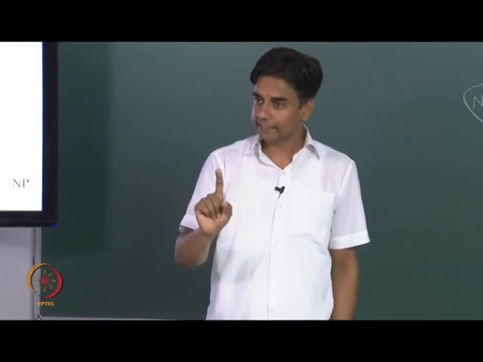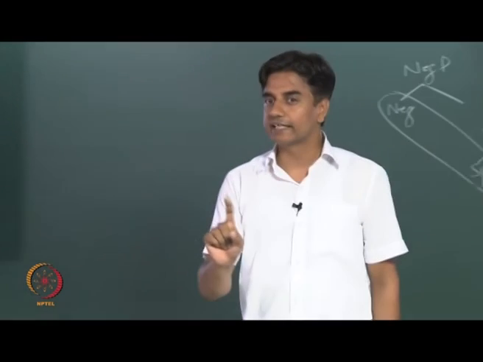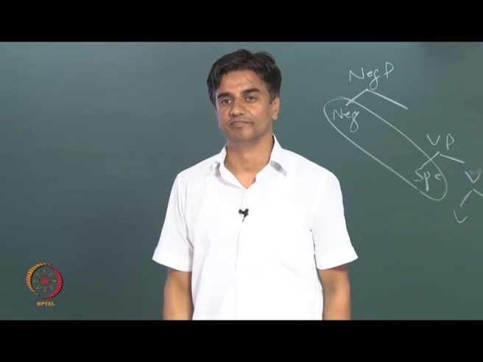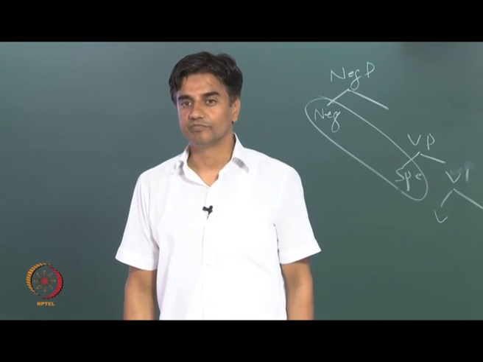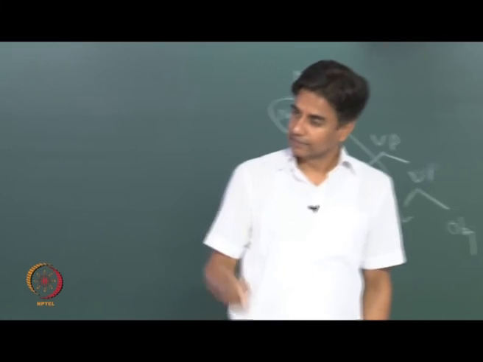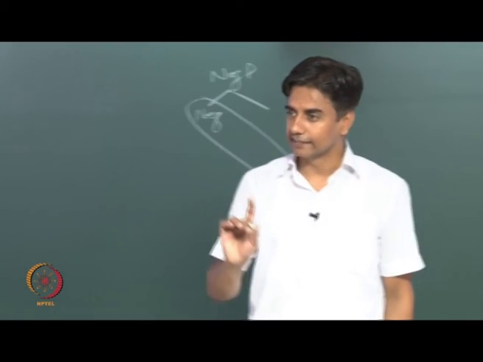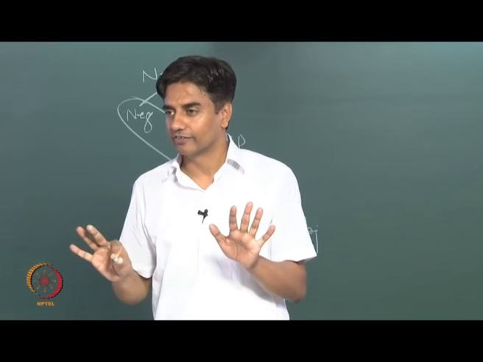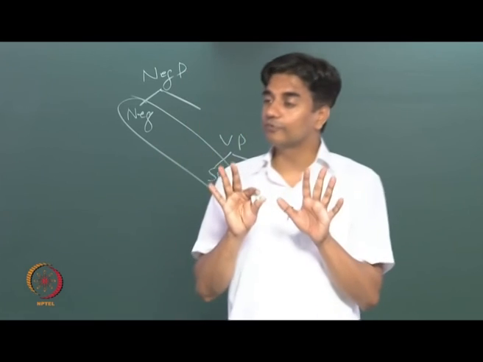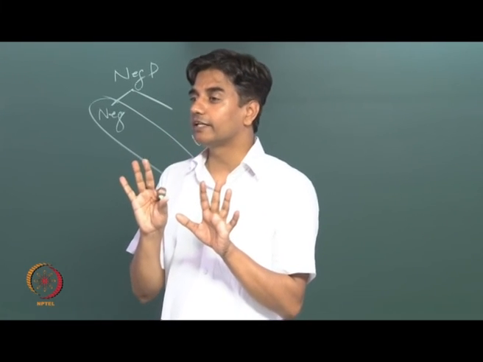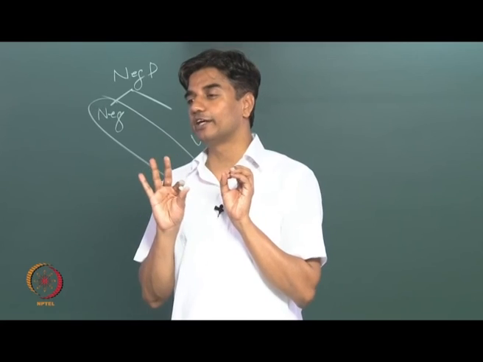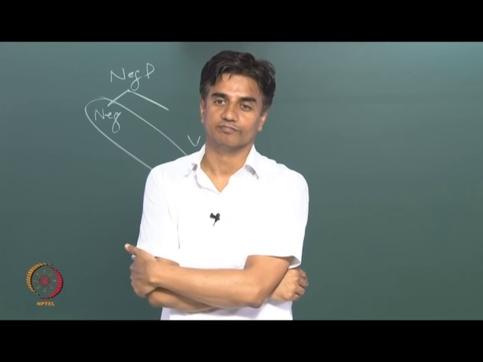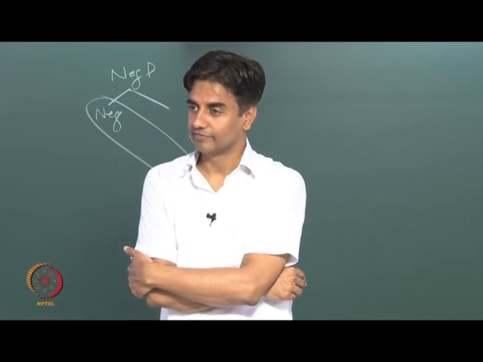So, to conclude, can I say that the licensing takes place at a conceptual level, not at the surface level? Is this point making sense? The requirement for which we said C-commanding domain, of the negative polarity item being in the C-commanding domain of negation, is a condition at a conceptual level. Alright?